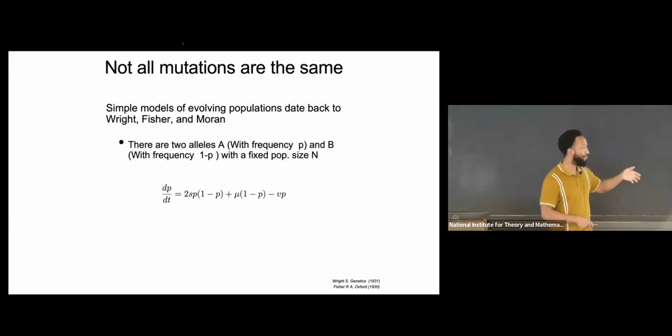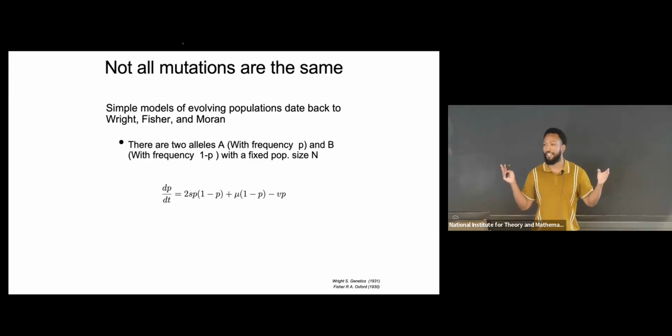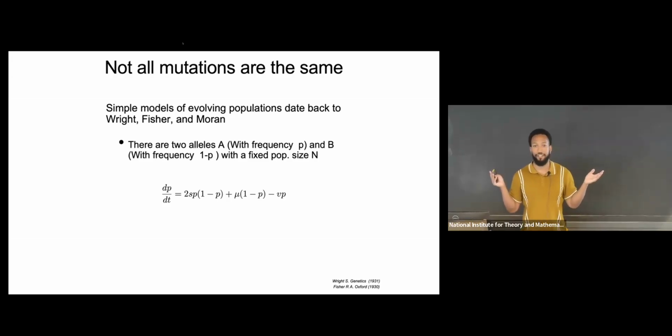One model you can consider is the time evolution of this probability of having A, where S is the selection coefficient, and these are the probabilities to go between the alleles A and B. Once again, these are just rates. They don't tell you how the mutation happens.